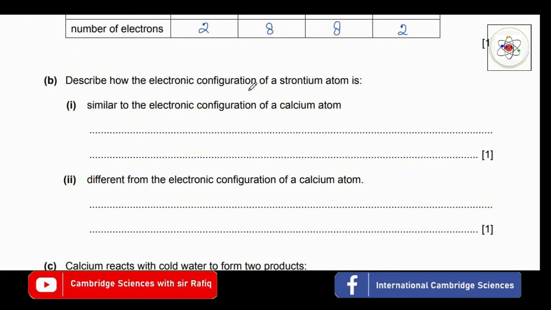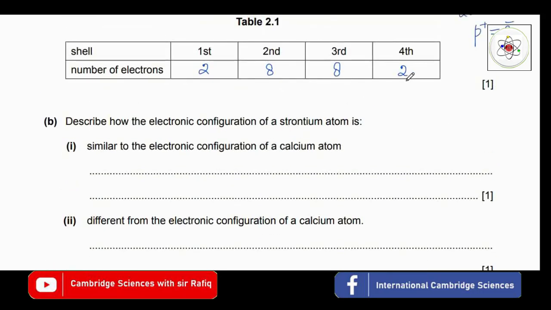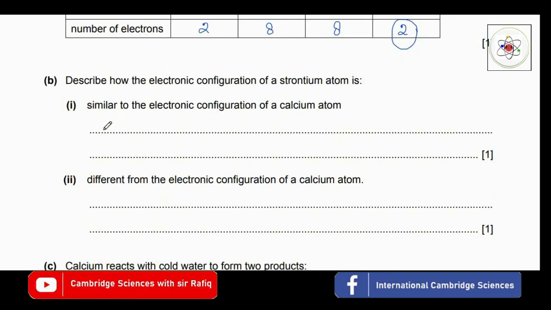Describe how the electronic configuration of a strontium atom is similar to the electronic configuration of a calcium atom, because strontium belongs to group 2. The group describes the number of outer shell electrons. So the outer shell electrons in calcium and strontium atoms will be the same. As strontium is below calcium in the same group, the number of shells will increase.